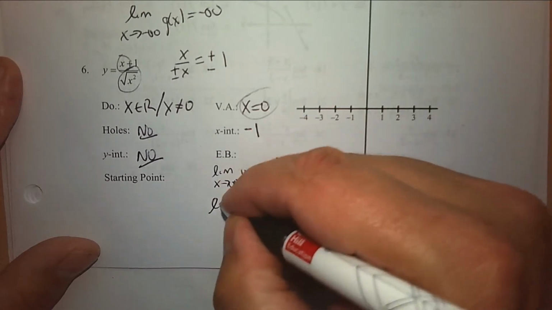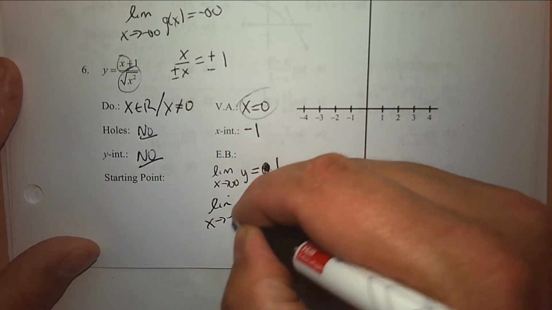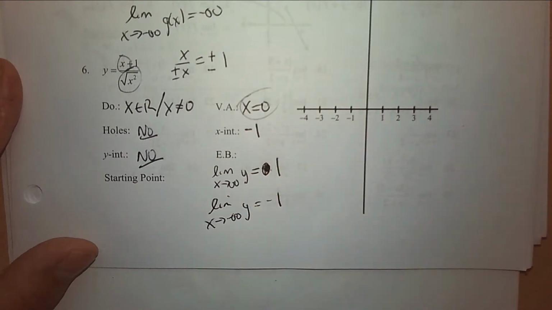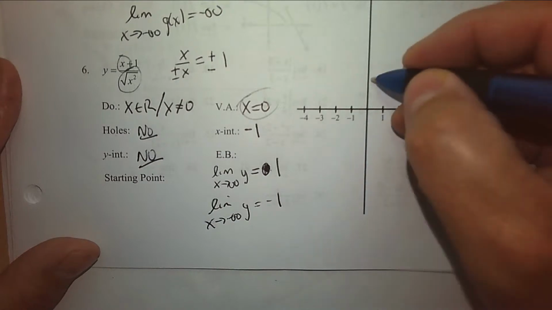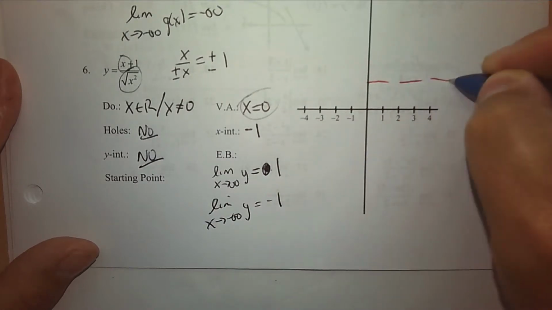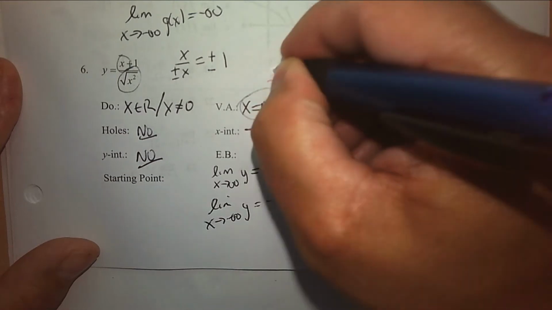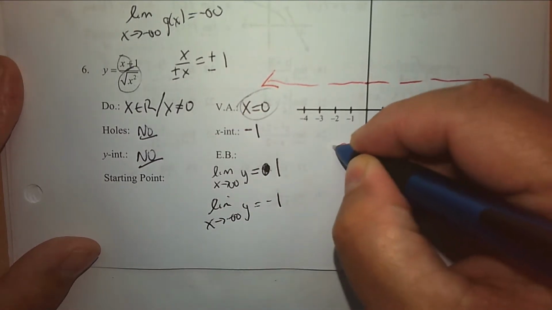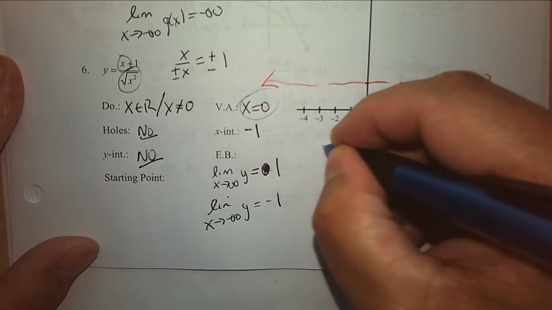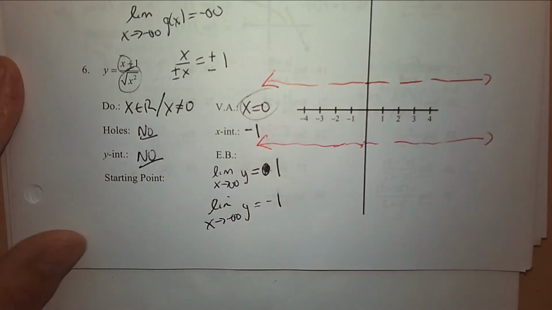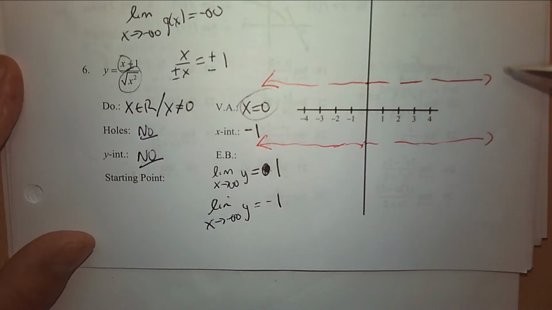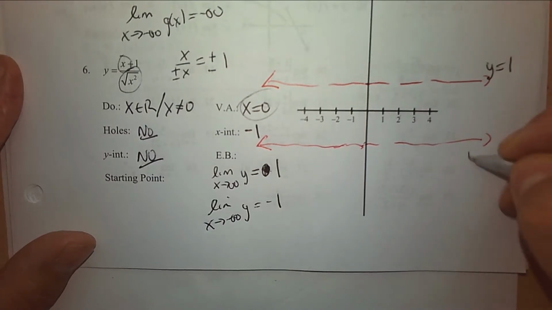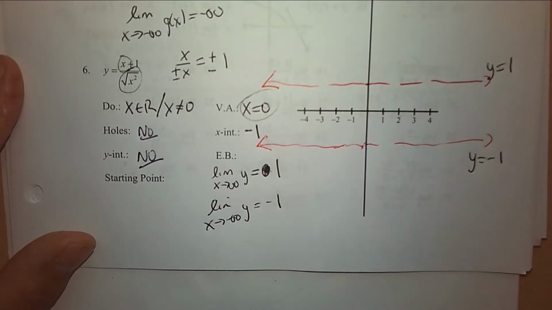And as you go to the left, what's happening? All right, so let's put some of these on here. So those are my horizontal asymptotes. One is y equals 1, and the other is y equals negative 1.